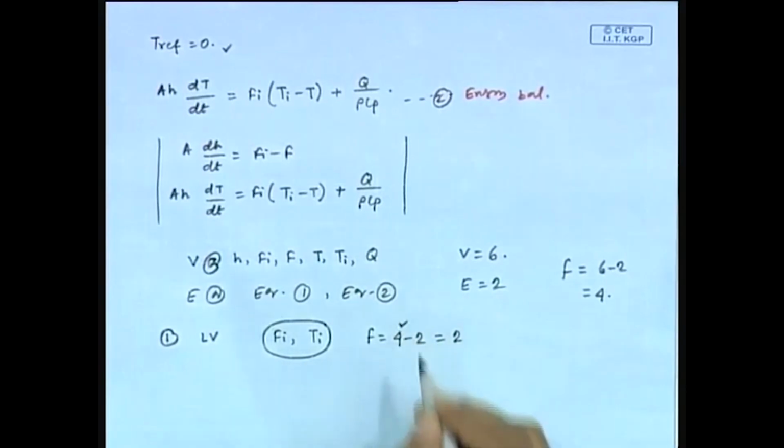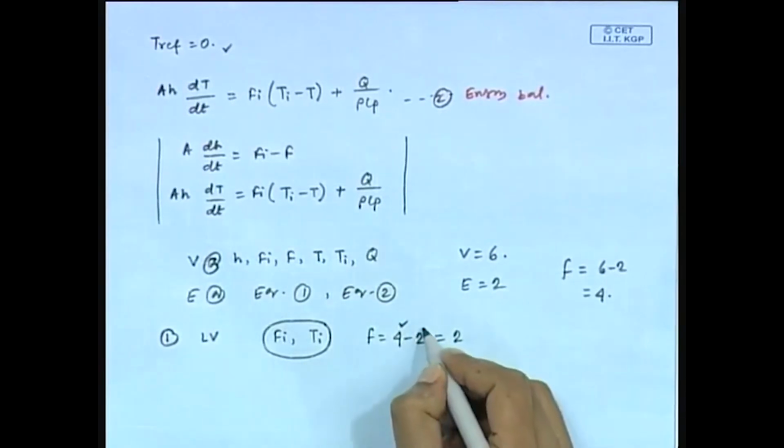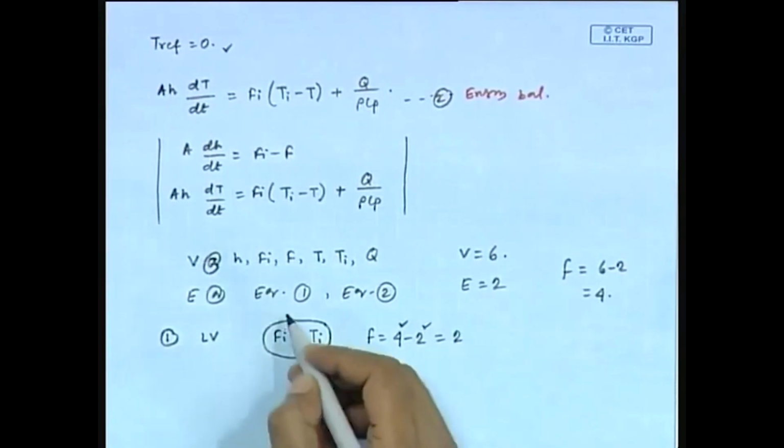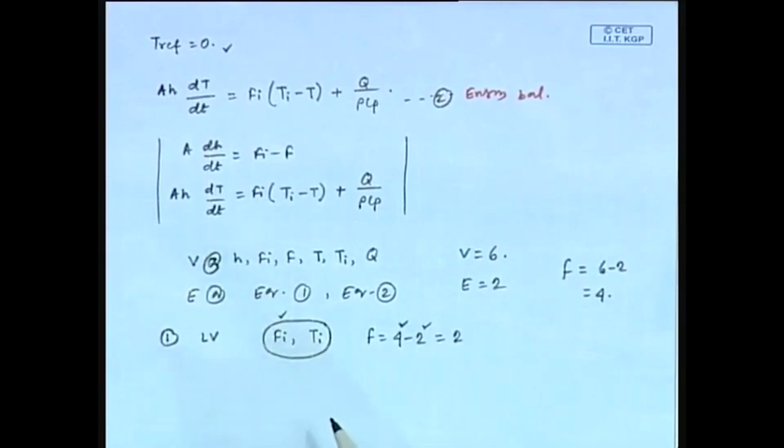How can we specify them? By direct measurement. We can measure this flow rate and this temperature, so Fi and Ti are known. That means degrees of freedom is 4 minus 2, that is 2.